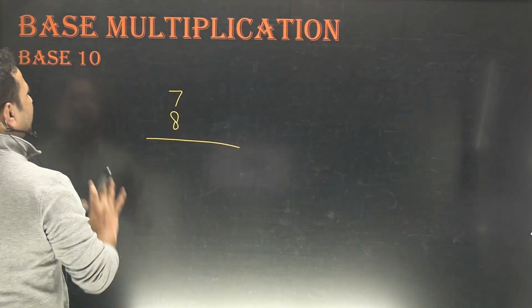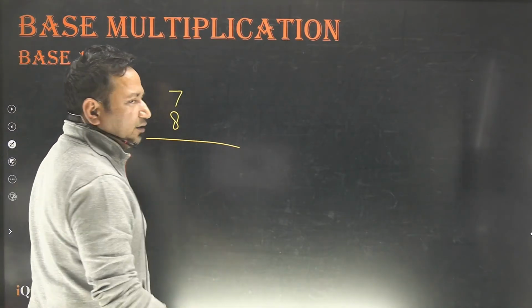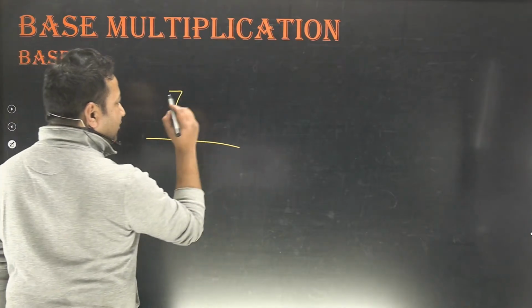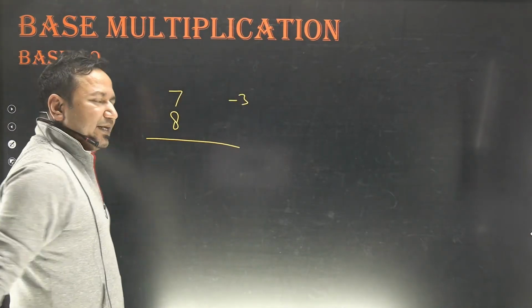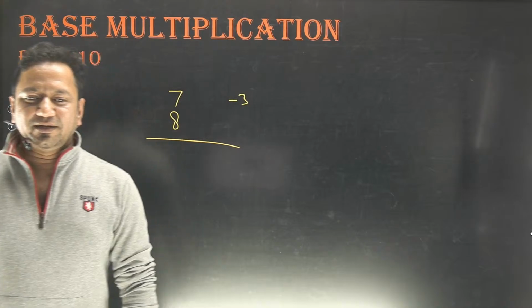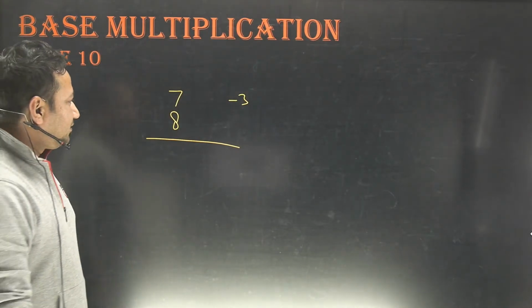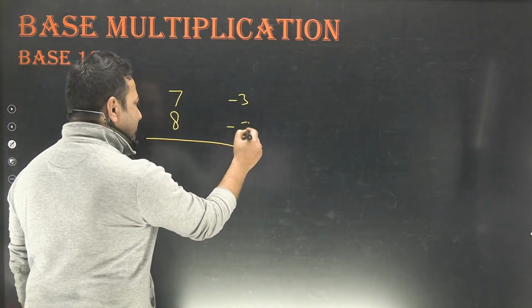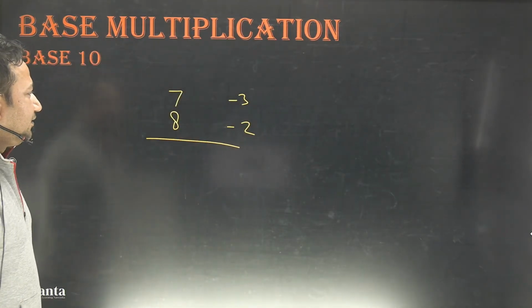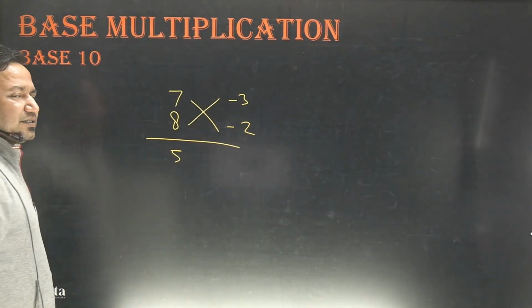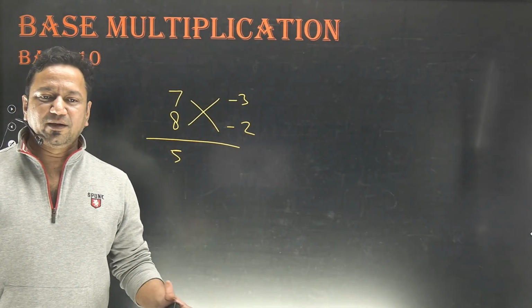7 is 3 less than 10. In earlier cases, it was excess. In this case, it is deficit. Deficit of how much? 3. 7 is 3 less than 10. And 8 is 2 less than 10. All right. Perfect. 7 minus 2 or 8 minus 3, I'll get 5 in both the cases. It's same as the previous one.